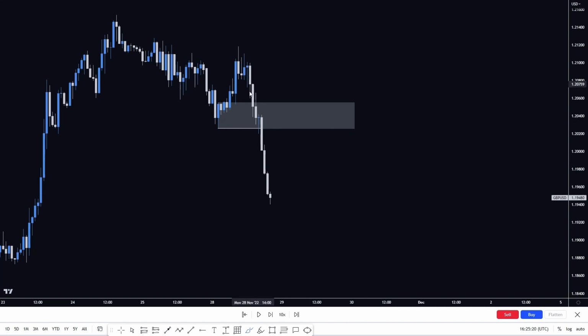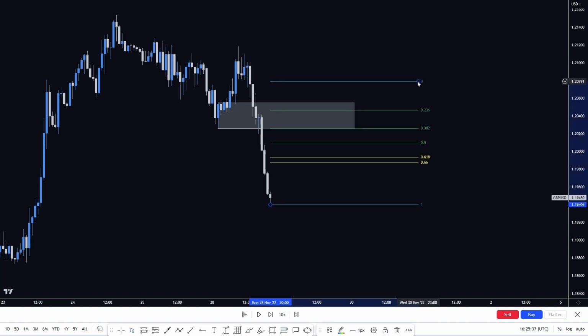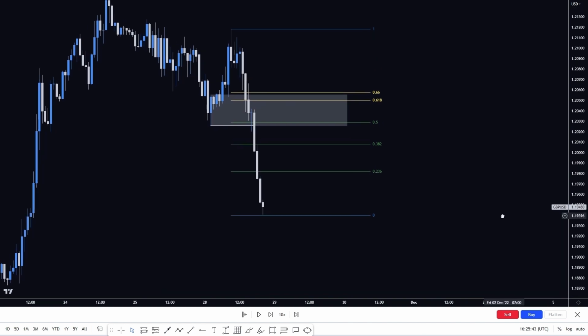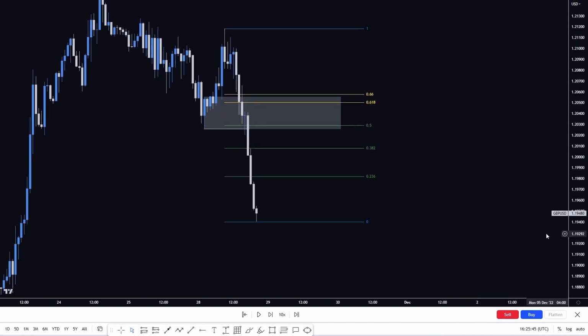So again, what we're going to do is put on the Fibonacci tool and see if we have any levels of interest which tie up with our potential break and retest zone. So if we put on the Fibonacci tool now, if we just pop this on from here to here, what we've got is a couple of options.